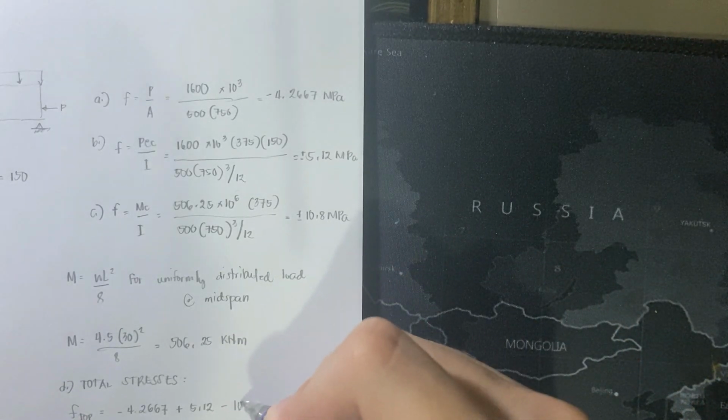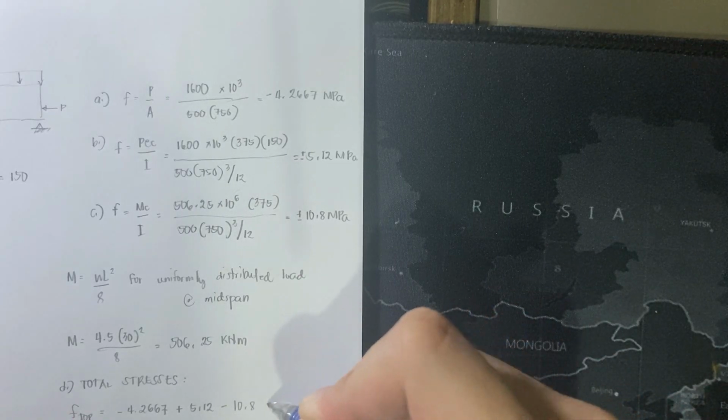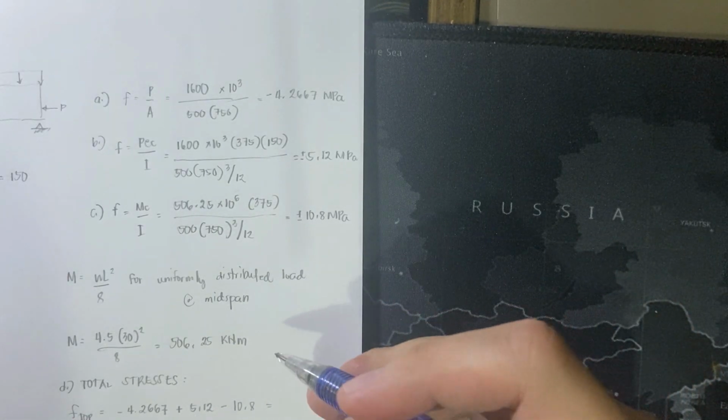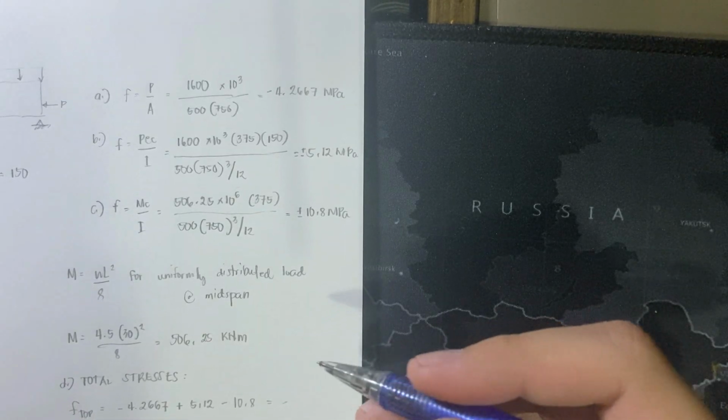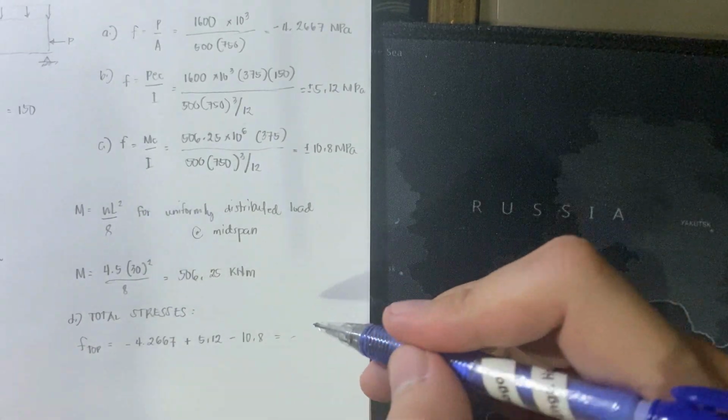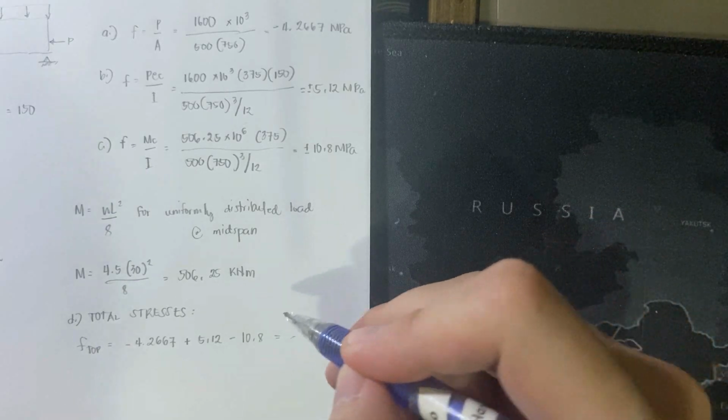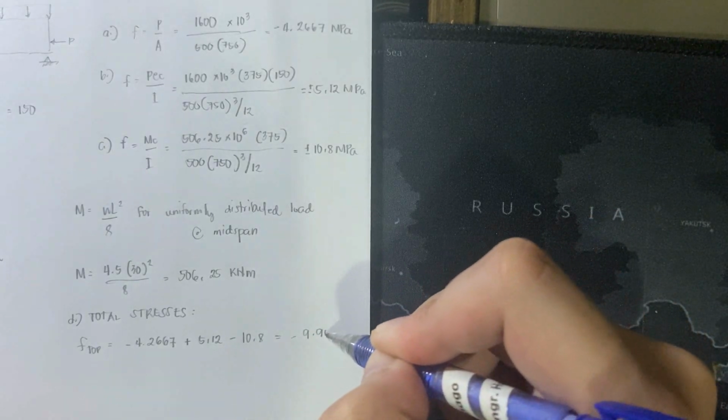And then yung flexural stress due to the applied load is equal to 10.8 negative kasi yan ay compression sa taas. So that would be equal to negative 9.95 megapascal.